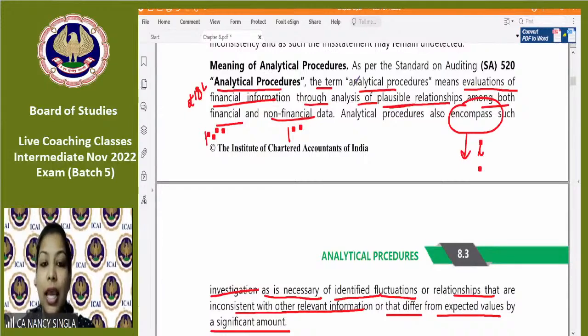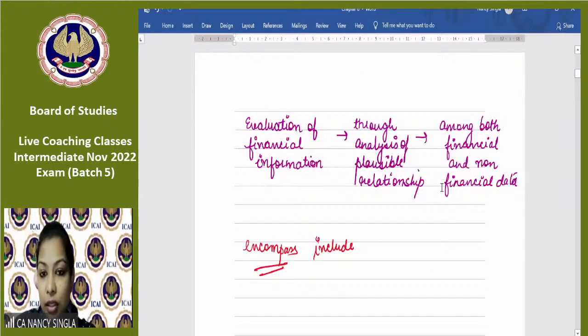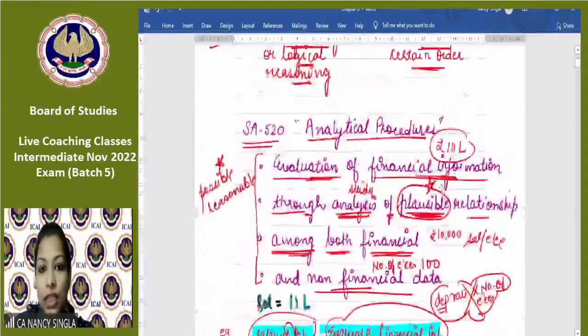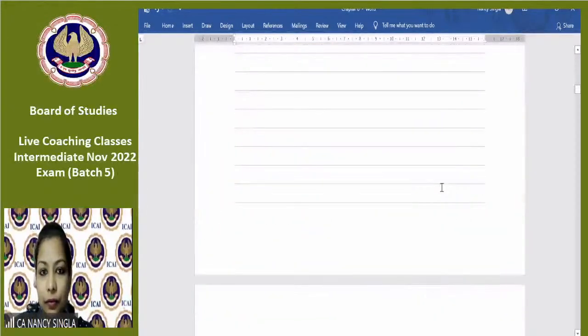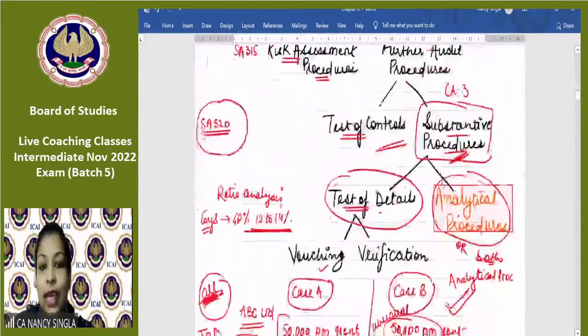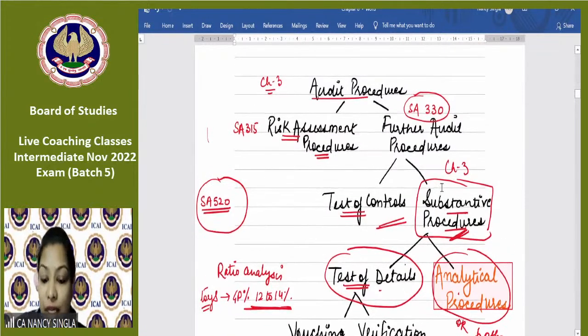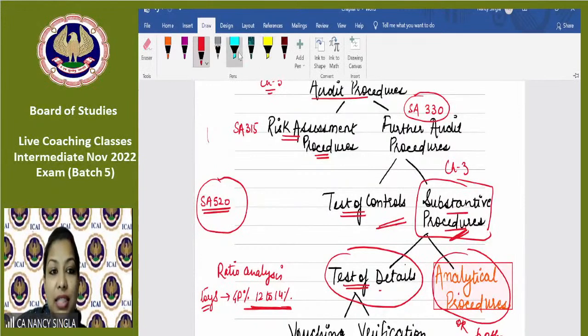Analytical procedure. And from where did we, what is the sequence? So we have seen it here. Okay? That when the auditor is performing substantive procedure, he may perform test of details or analytical procedures. Okay? Now students, when we were doing SA 315, if you remember, we discussed risk assessment procedures.